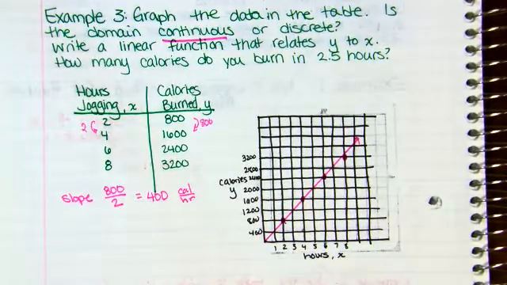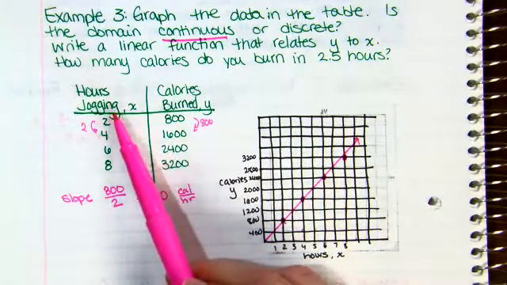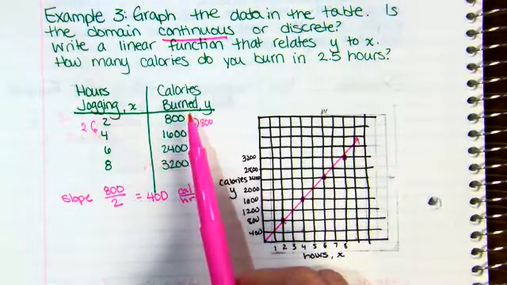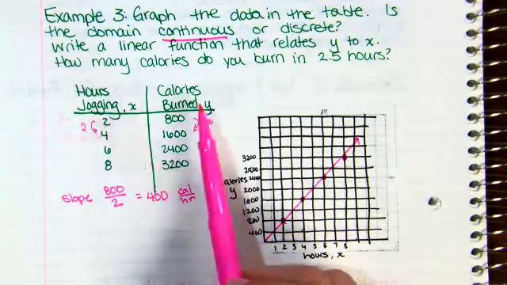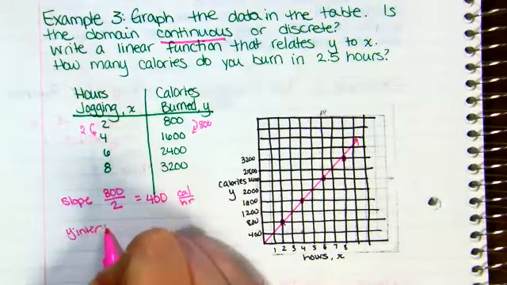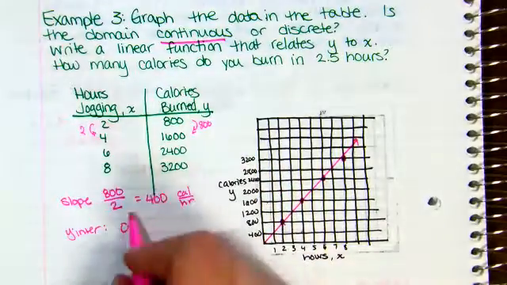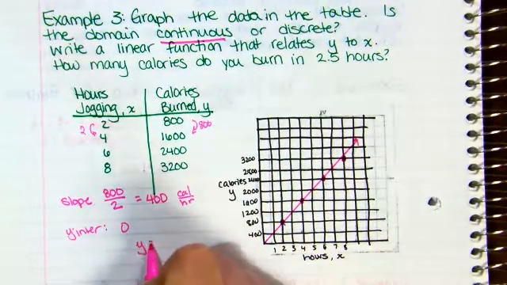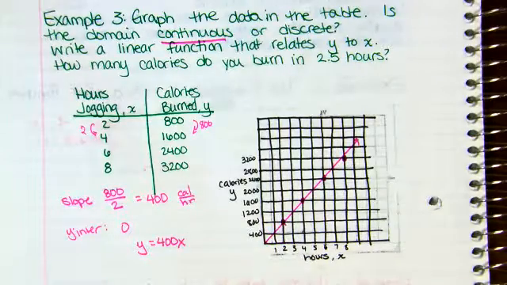And then my y-intercept is actually easy to think about in this situation. If I don't jog, I don't burn any calories at all. So my y-intercept is going to be 0. Therefore, my linear function that relates the two is going to be y equals 400x. So there's the linear function.